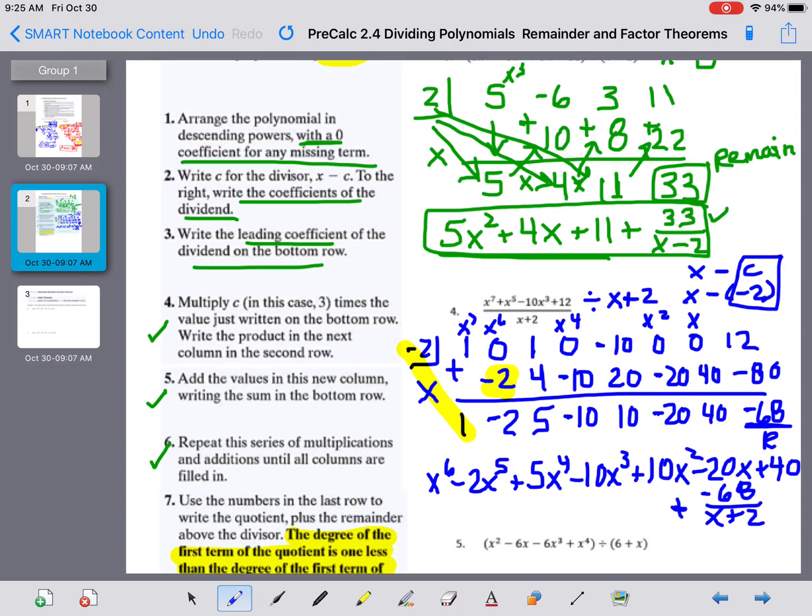And just for reference, you can put plus negative 68 over x plus 2, or you could just change that all to a minus and just say minus 68 over x plus 2. So I'm okay with wherever you put that, okay?